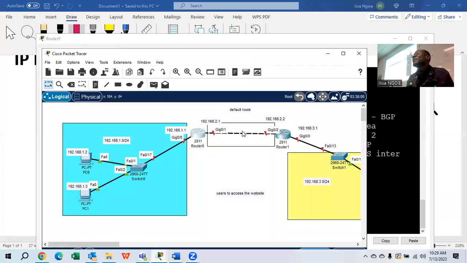Remember guys, for a network to be added to the routing table, the interface must be up and the IP must be given.